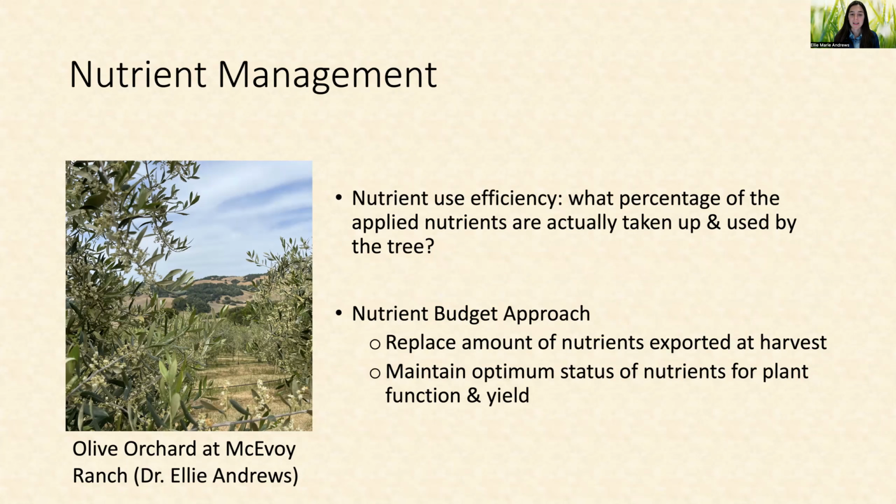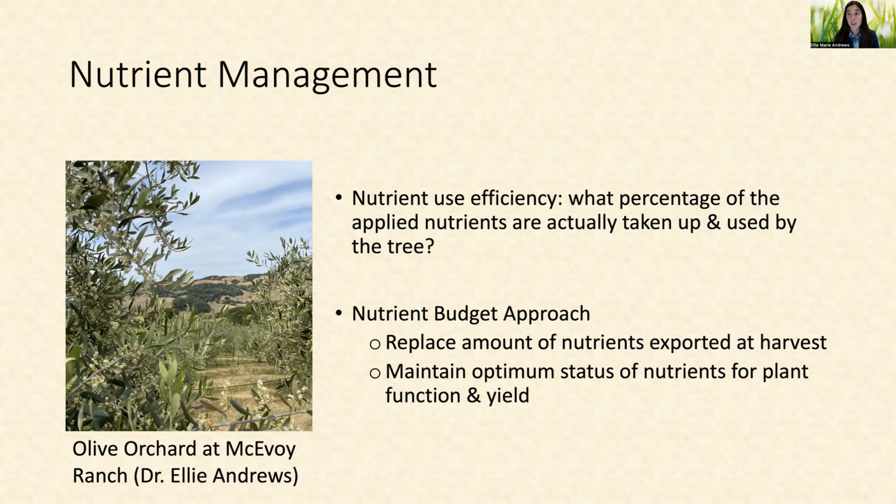So this is just saying you want to replace the amount of nutrients that you export at harvest. So let's say you have a small crop year, maybe you only get a handful or small amount of apples or whatever fruit. You really don't need to apply quite as much to replace that, assuming you're at a good level. So assuming you're in that safe range, if you get a small crop, you're exporting those nutrients in that crop off site.